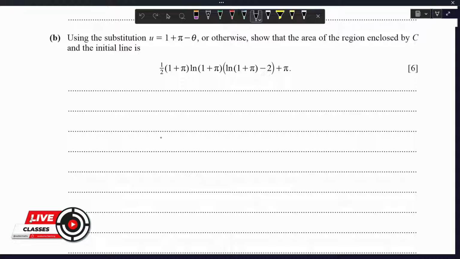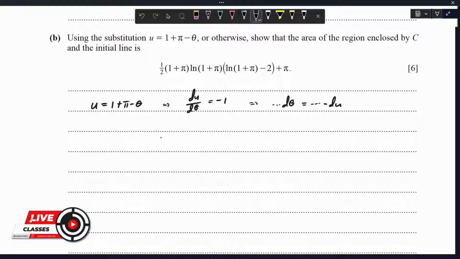We've been given the substitution, u is equal to 1 plus pi minus theta, which means that du by d theta is equal to minus 1, which means that in place of d theta, we can put minus du.